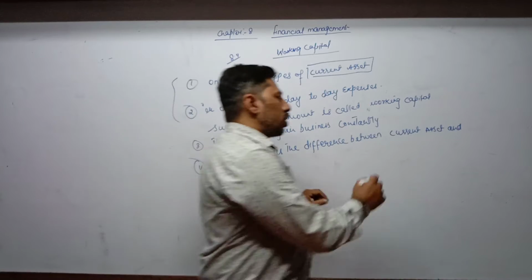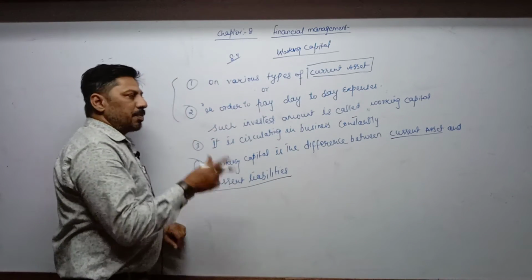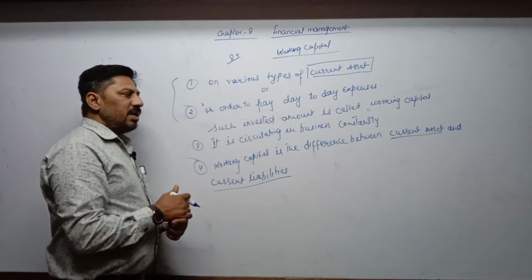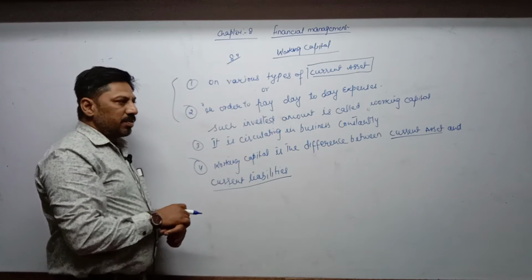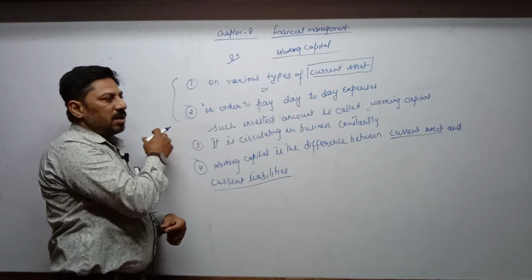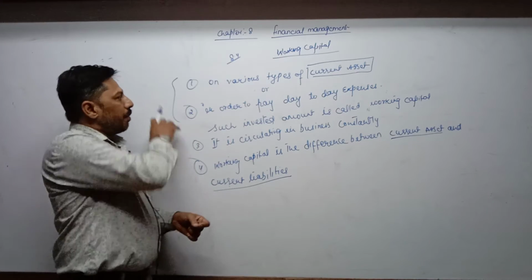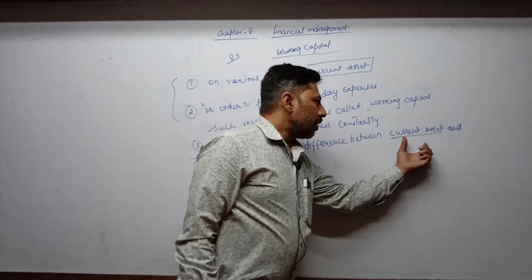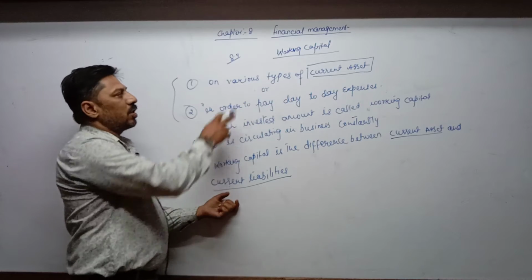Current assets means short-term assets, current liabilities means short-term liabilities. So daily we are purchasing raw material, we are selling goods on credit. In the same way, on a daily basis we are borrowing money for a short-term period, we are purchasing goods on credit, then after a few days we make payment, and that is called current liabilities. So money is utilized in order to purchase current assets or to pay current liabilities. Such invested money is called working capital.